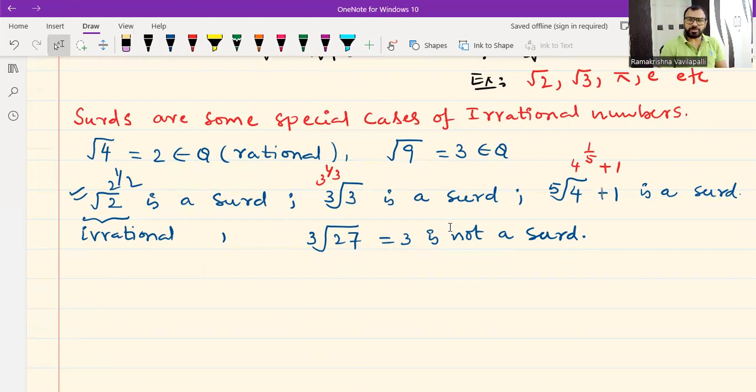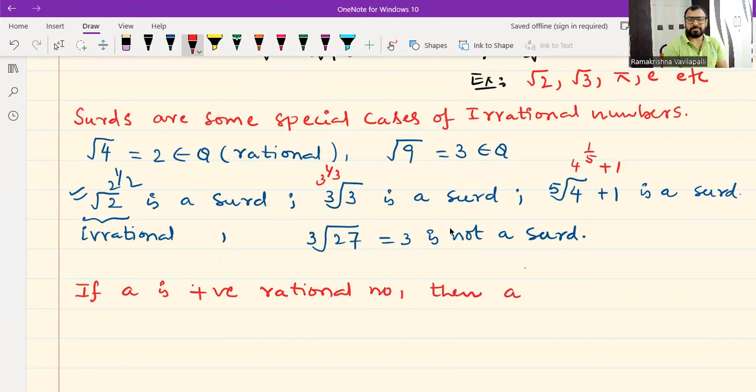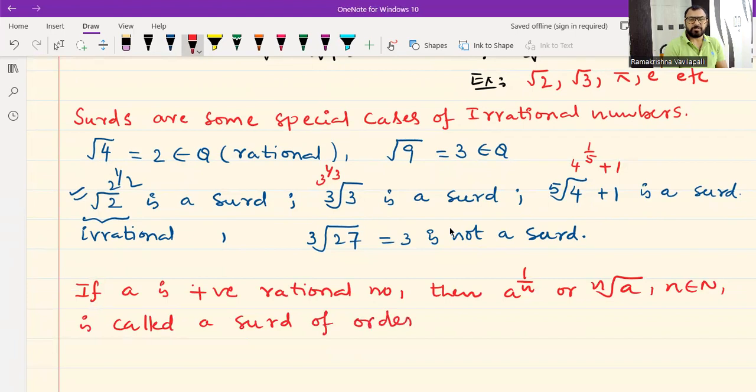If a is a positive rational number, then a to the power of 1 by n, or nth root of a, where of course n belongs to N, is called a surd of order n.